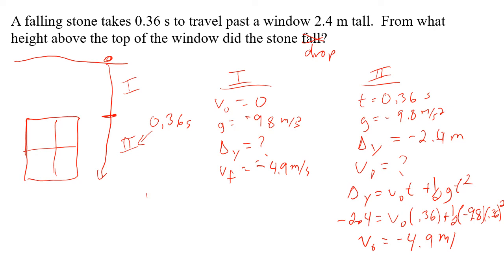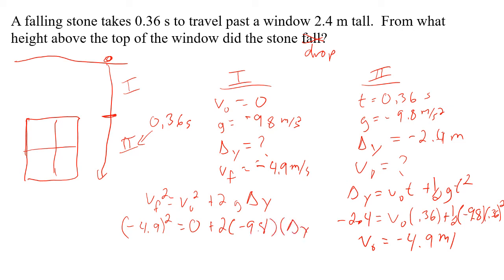And then we use VF squared equals VO squared plus 2G delta y. Negative 4.9 squared equals 0 plus 2 times negative 9.8 times delta y.